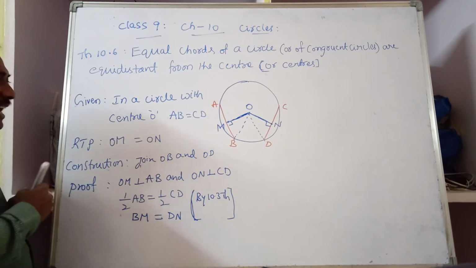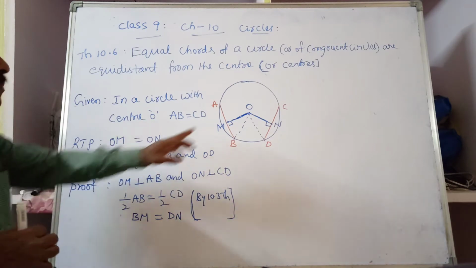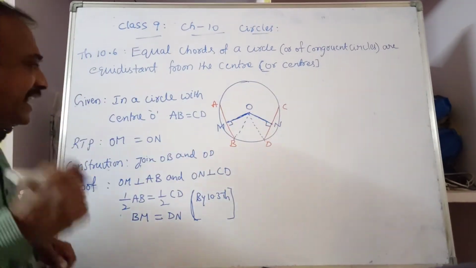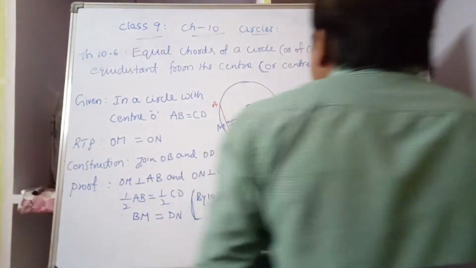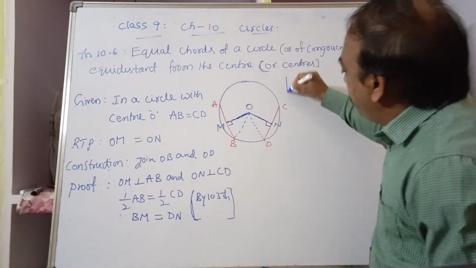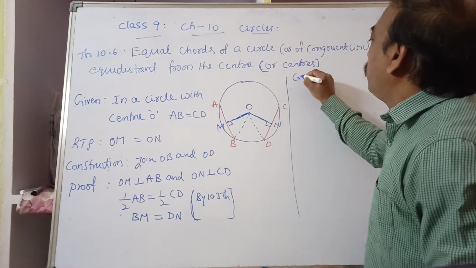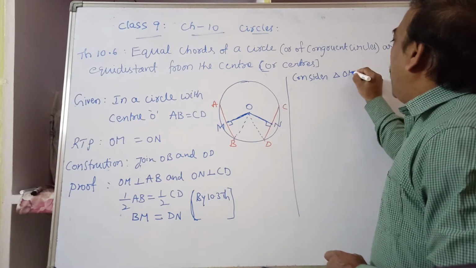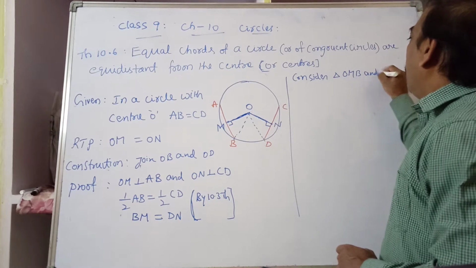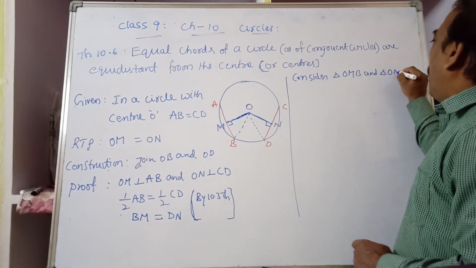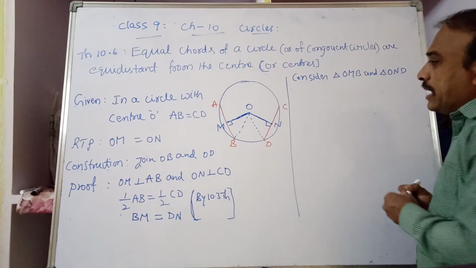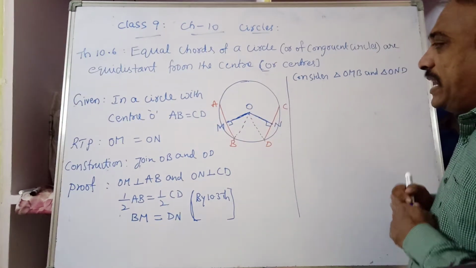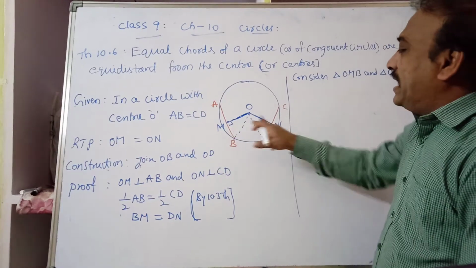Now we consider triangle OMB and triangle OND. In that, as we know, one angle is 90 degrees.